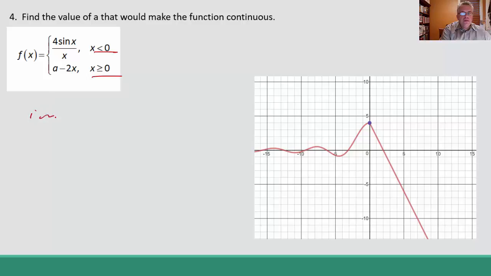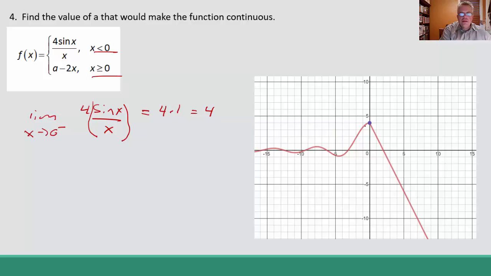So the limit as x approaches 0 from the left of 4 sine x over x. We need to know what that is. In the figure it looks like it's approaching 4, and it is. So remember this part right here, sine of x over x as x approaches 0 approaches 1. So this is 4 times 1, which is 4.